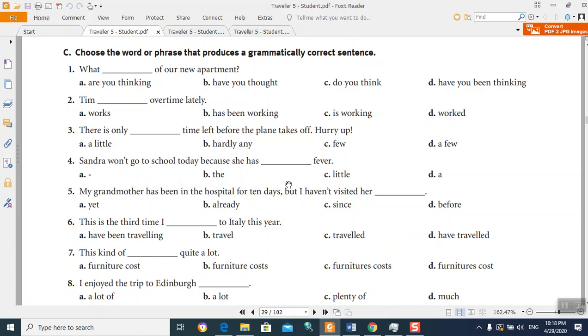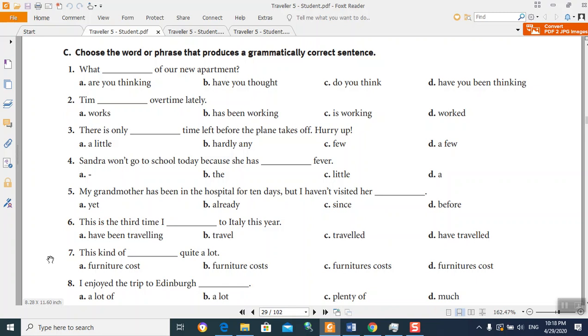Number 7. Quite a lot. Quite a lot. So here he is testing you about knowing the word furniture. Is furniture countable or uncountable? So you should know the meaning of furniture.